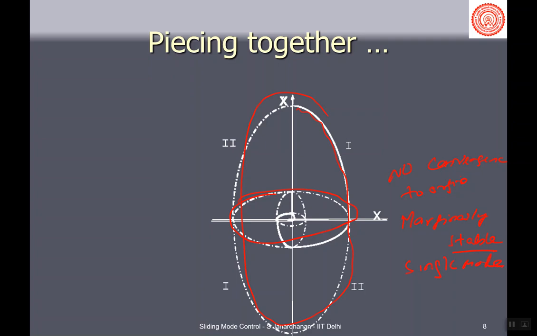However, when you use a combination of the modes, this point goes to 0, so you have asymptotic stability.